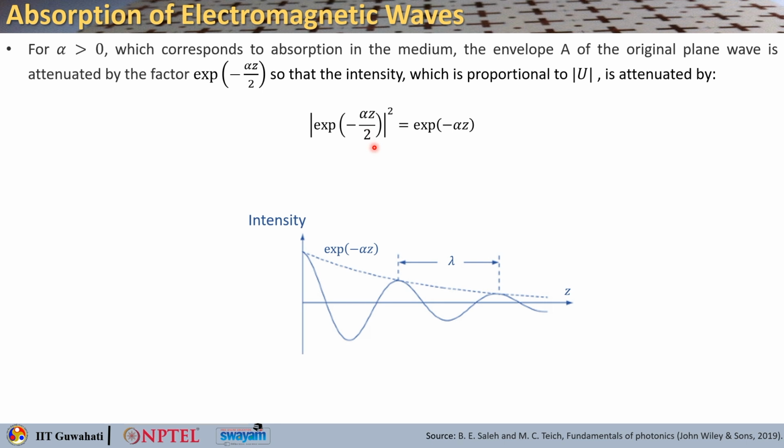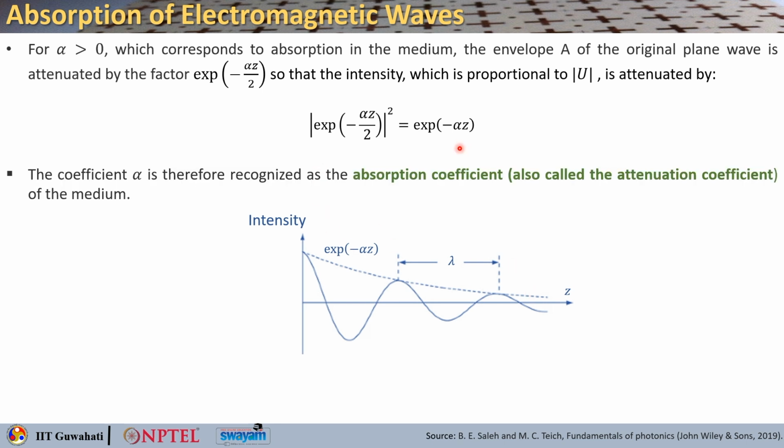Now you understand why we initially started with the amplitude decaying with alpha by 2, because here you get a simplified version, exponential minus alpha z. So this is how the amplitude decays. You see the oscillatory nature and the peak amplitude decays like that. This is your wavelength lambda.